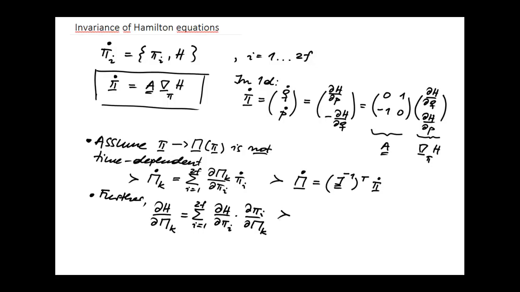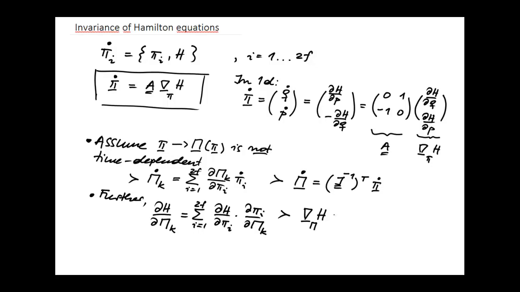And this again we can write in vector notation. On the left hand side this is a component of the gradient in phase space. So on the left hand side we have the gradient of the Hamilton function in phase space, and the gradient is with respect to the new coordinates, the capital Pi's.